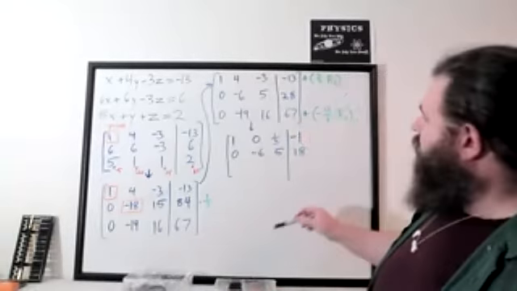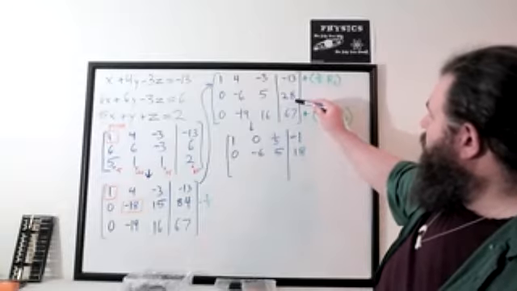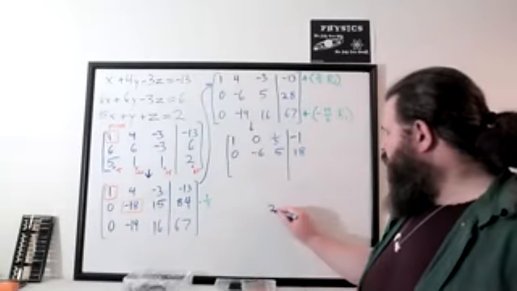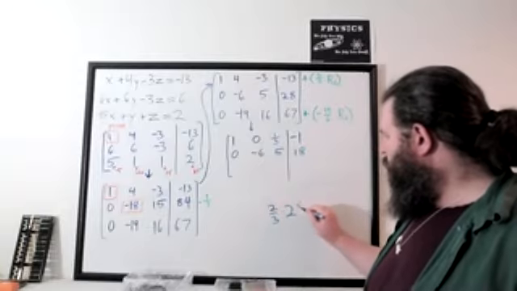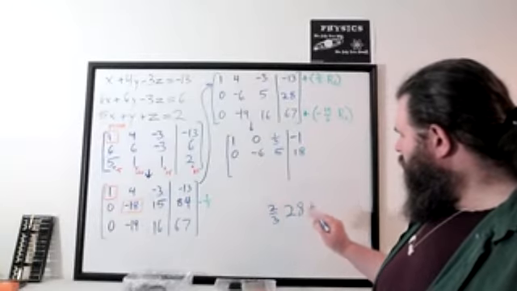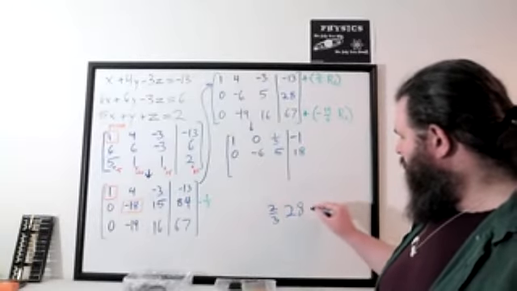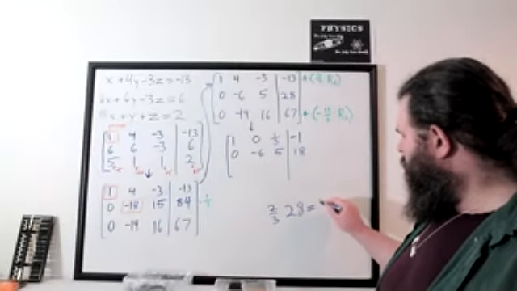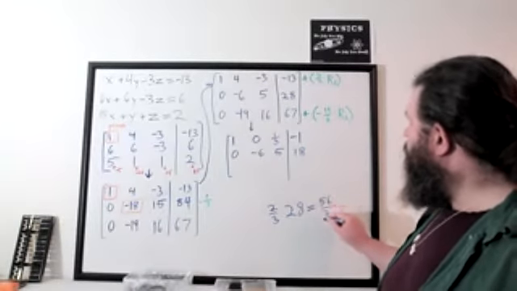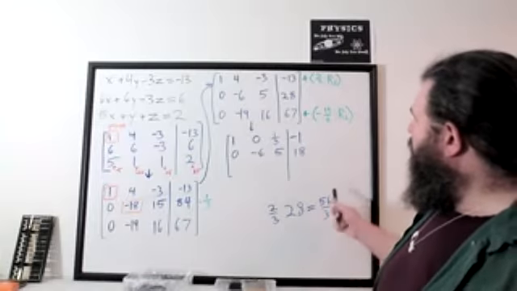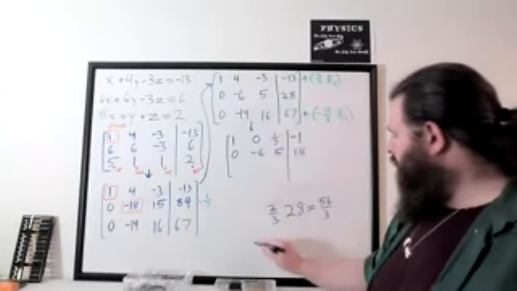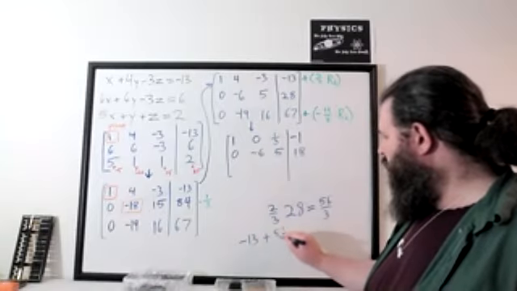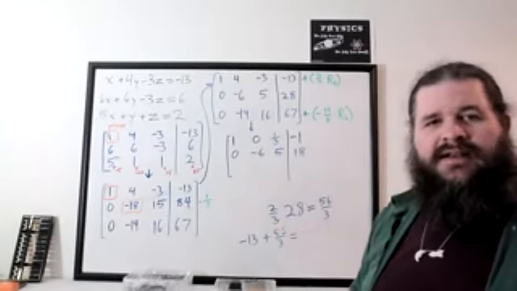So let's correct that. This should be 28, which means when we add 2/3 of that, 2/3 of 28, that is not a multiple of 3. So we get 56/3. We're adding 56/3 to the -13. So -13 plus 56/3. 13 is 39/3.